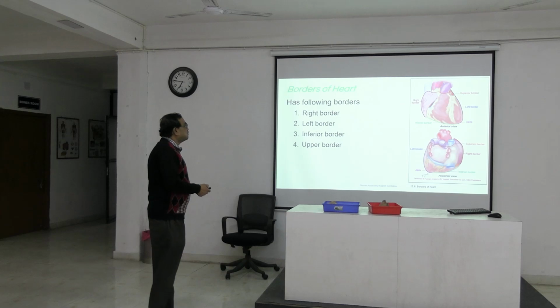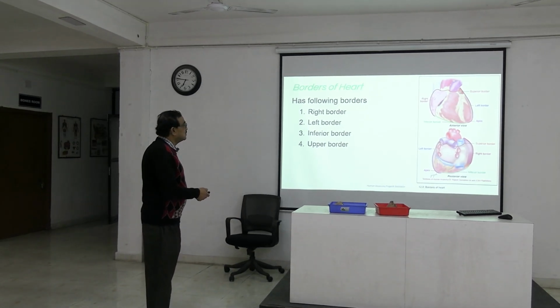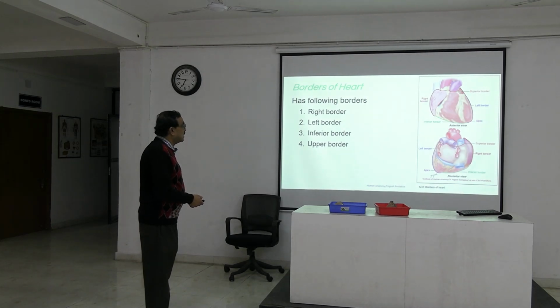Then again, there are some borders: right border, left border, inferior border, superior border. We can see the superior border, and this is the area of the oblique sinus.